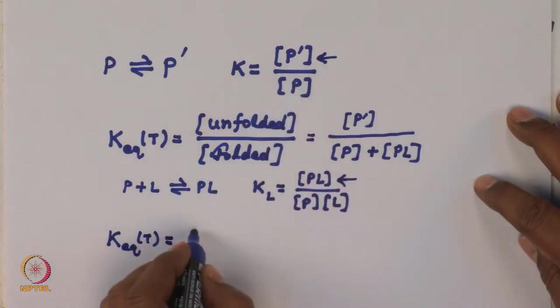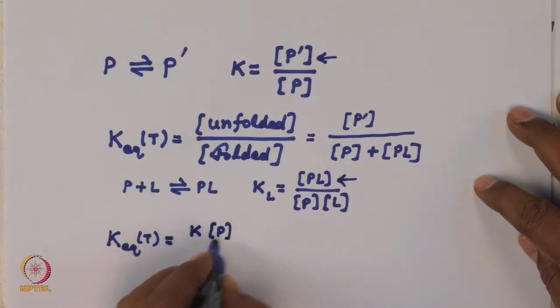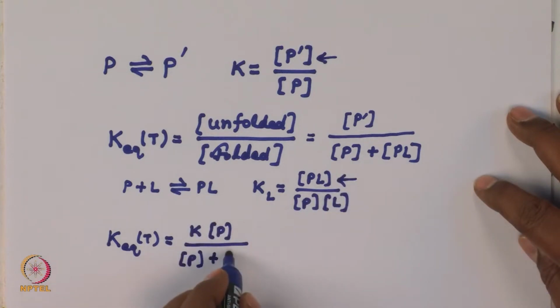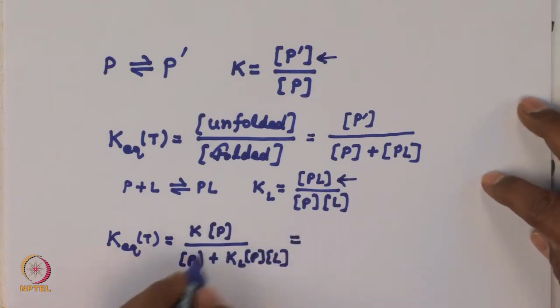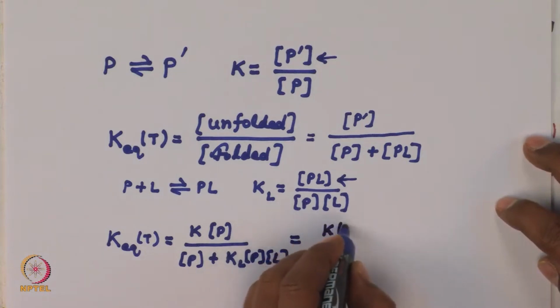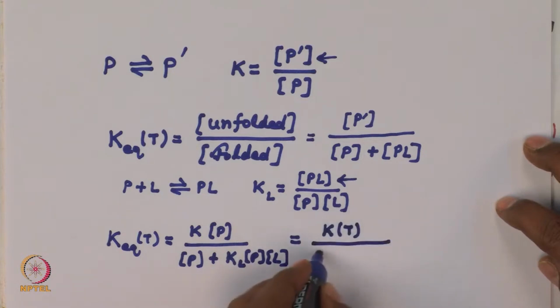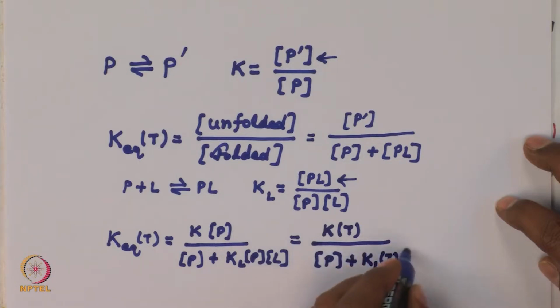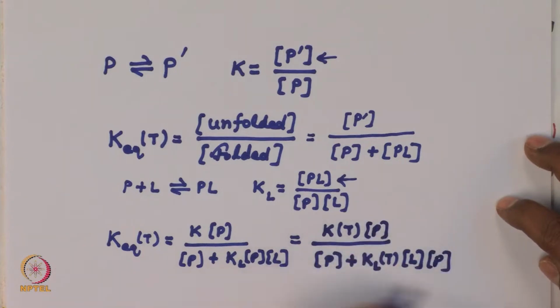P prime is equal to K into concentration of P divided by, let me retain P, plus PL is equal to KL into concentration of P into concentration of L. So, you remove P prime from here, I can write this as K, now let me specify at a temperature T, divided by P plus KL at temperature T into L into, if I retain P, into P, and P can be cancelled.